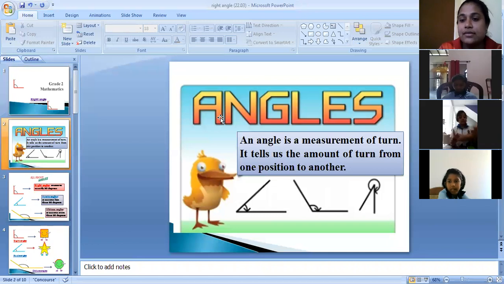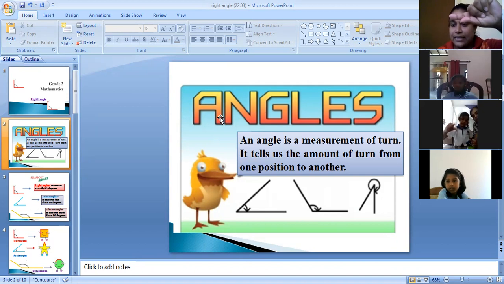First, let's get an idea about what is an angle. An angle is a measurement of turn. It tells us the movement of turn from one position to another. Now here look at my thumb and point finger.